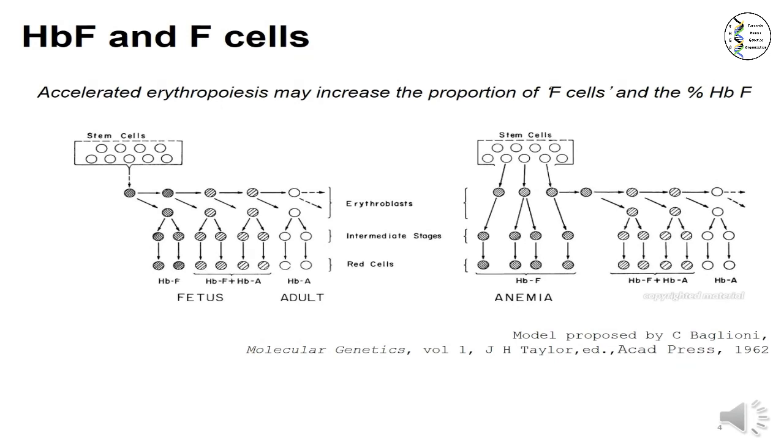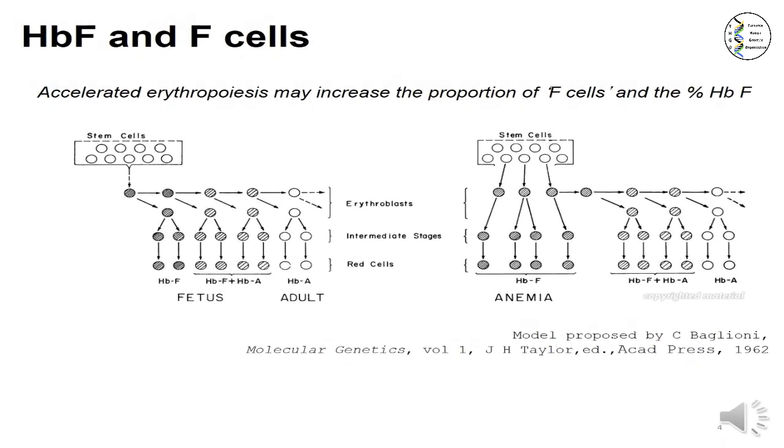So during the gene switch, the switching is not so complete in such a way that we tend to retain some small amount of fetal hemoglobin within our red cells, and this fetal hemoglobin is retained in a subset of cells known as F cells. So a normal individual has below 1% of fetal hemoglobin and below 7% of F cells, and the majority of the hemoglobin is the adult hemoglobin.